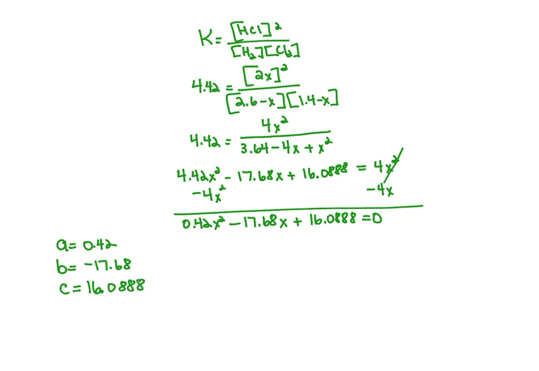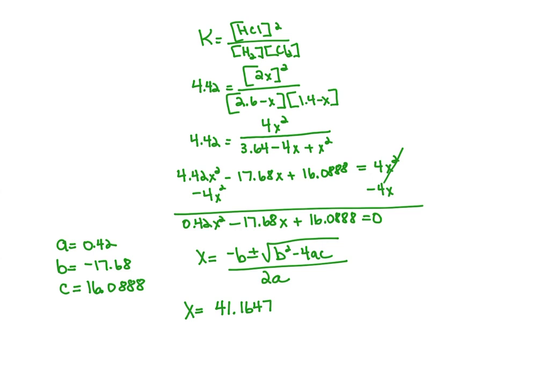I can go ahead and plug this into my quadratic formula. And x is going to equal 41.1647, or x is going to equal 0.930572. So we've got two x values.